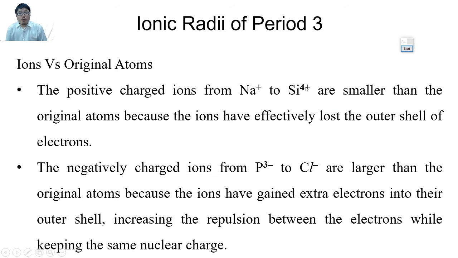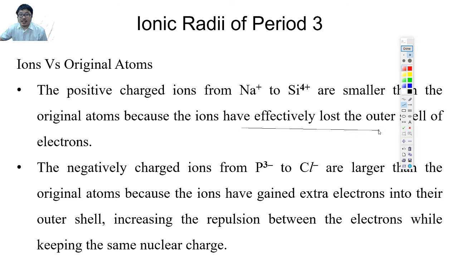Now, if we look at ions versus original atoms, the positively charged ions from sodium plus to Si4 plus become smaller because when you donate the electrons, you effectively lose the outer shell of electrons.